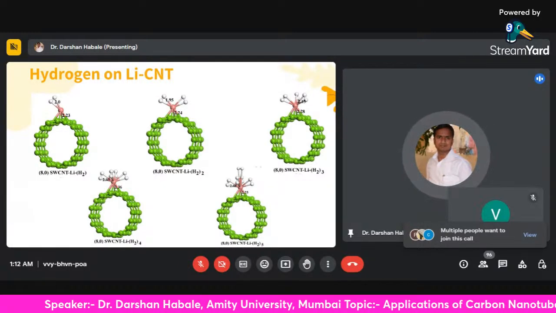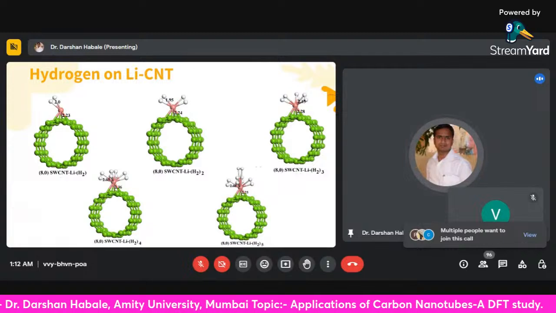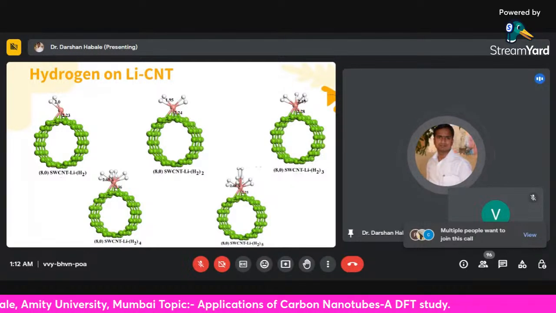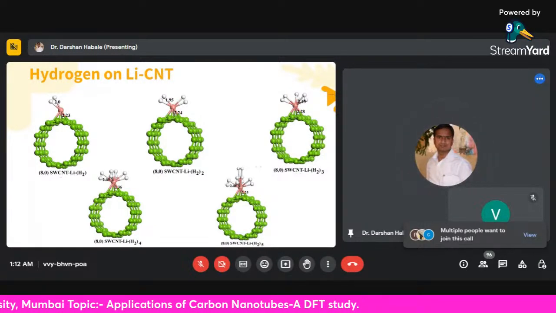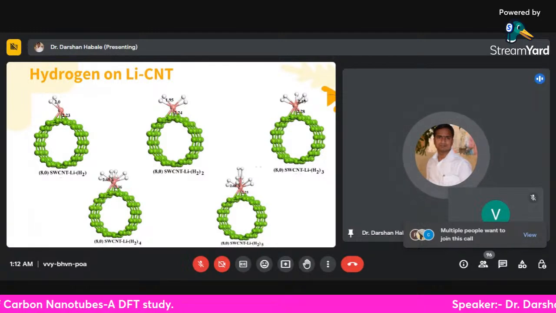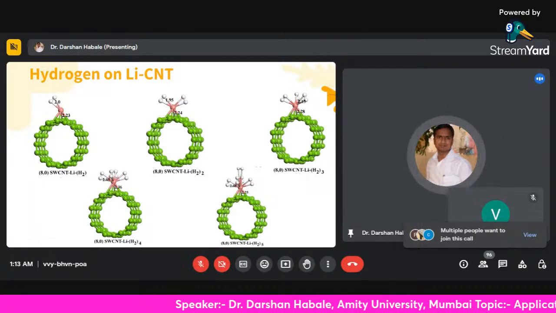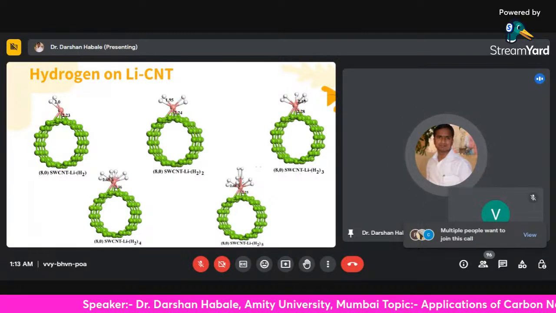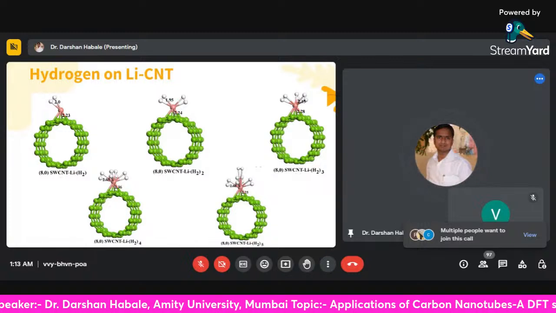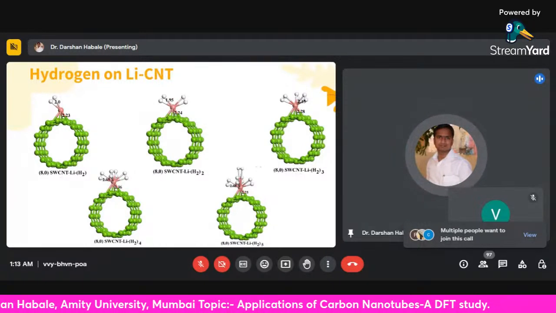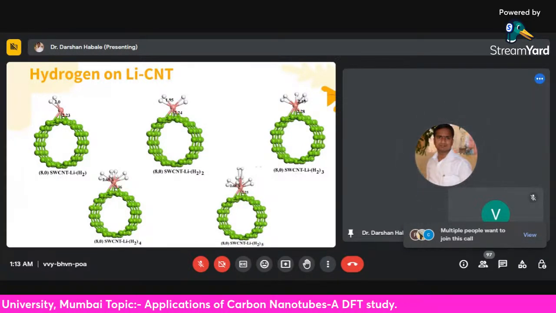So we are trying to increase the capability. With the help of lithium, sodium or potassium, we try to increase the adsorption capacity. If we have only pure CNT, that is called pristine CNT, whether 80 or 50, 33 or 55, it can adsorb a maximum of 3 hydrogen molecules. But here potassium and lithium can adsorb 5 hydrogen molecules.